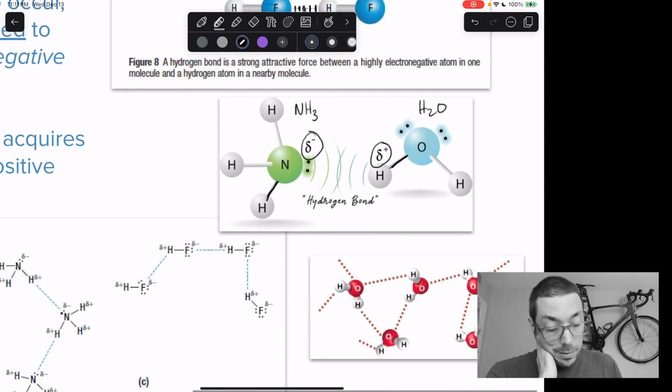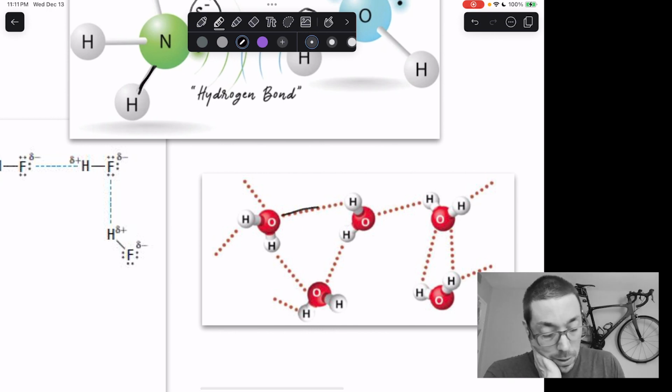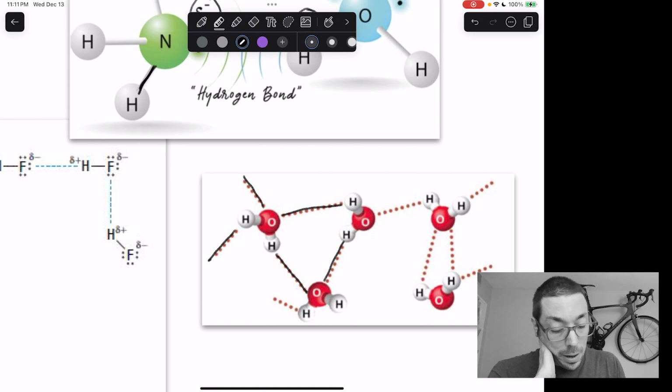Hydrogen bonding exists between molecules of water. So that's going back to explaining why water has such a high boiling point. Water can actually make a bunch of hydrogen bonds at the same time to different water molecules. You can see them all going on here. You can actually create up to 4 hydrogen bonds to 1 water molecule at any given time.